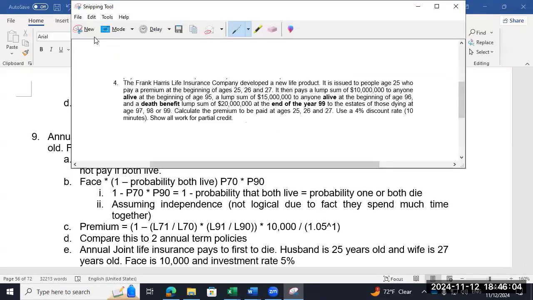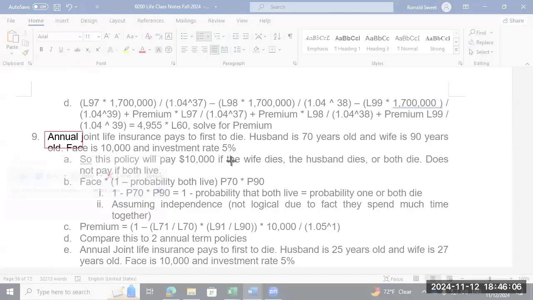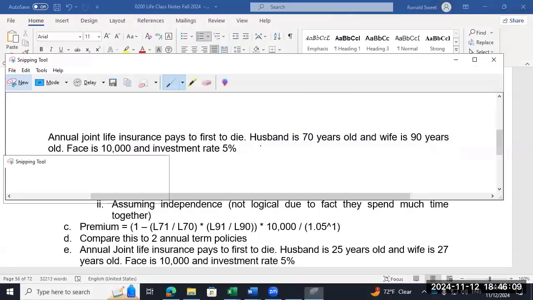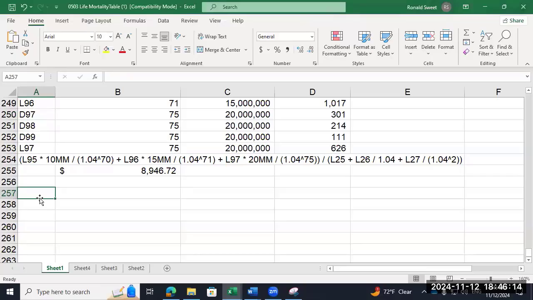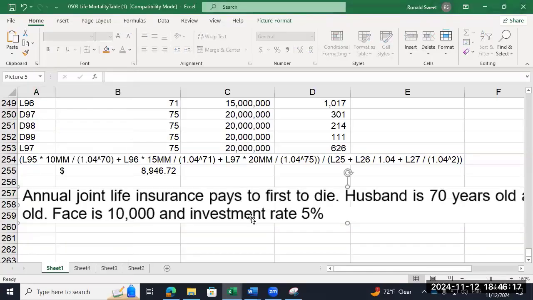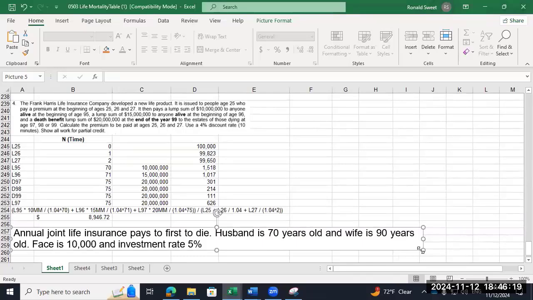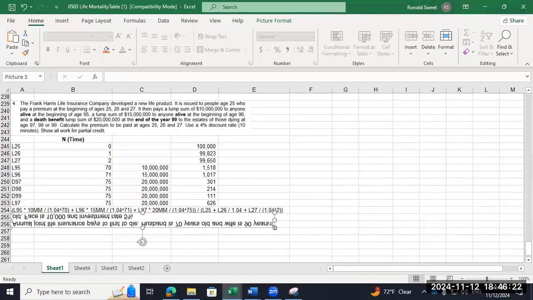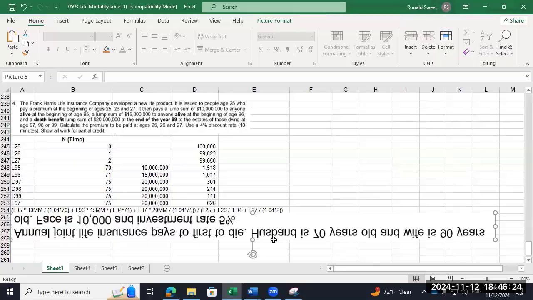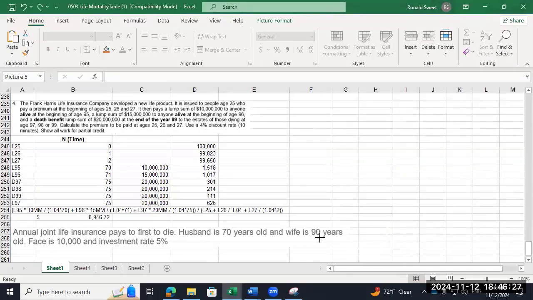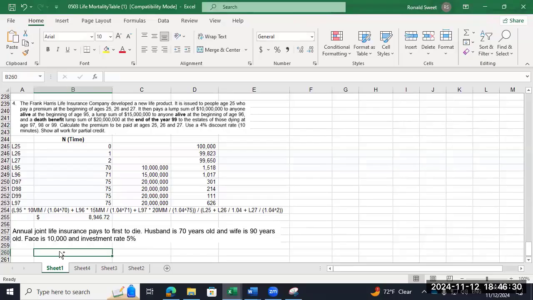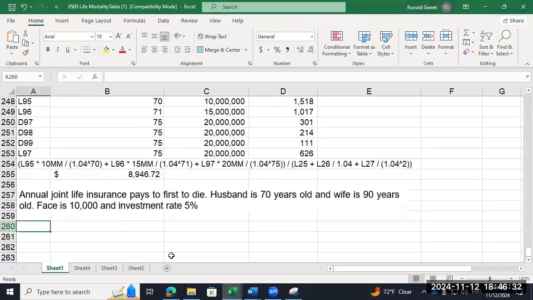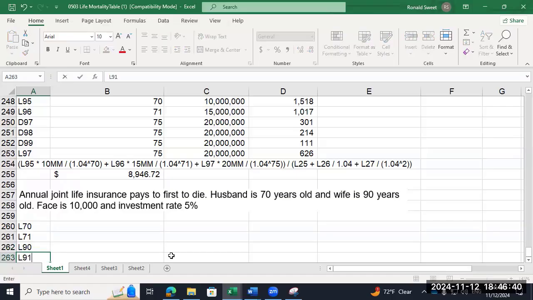So do the calculation here. We need L70, L71, L90, and L91.